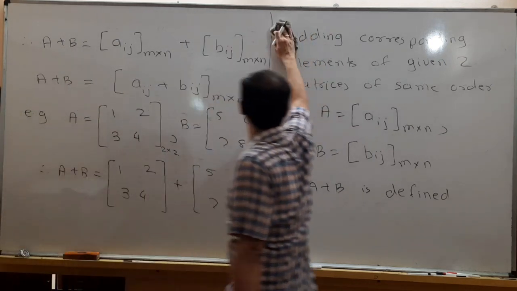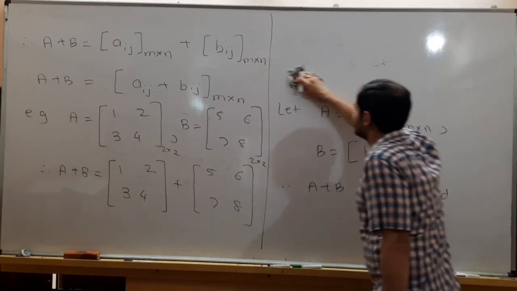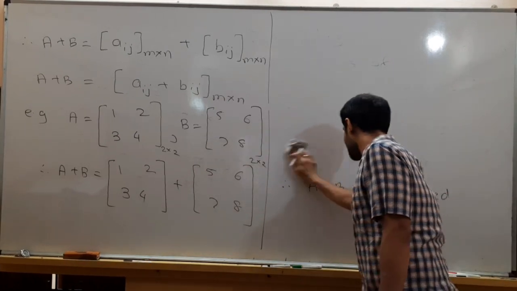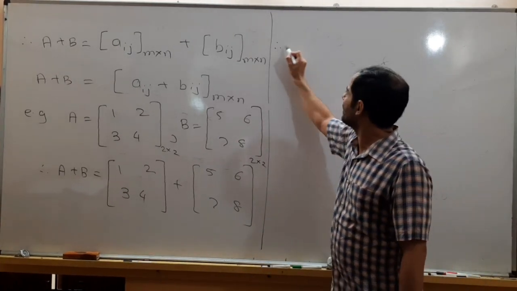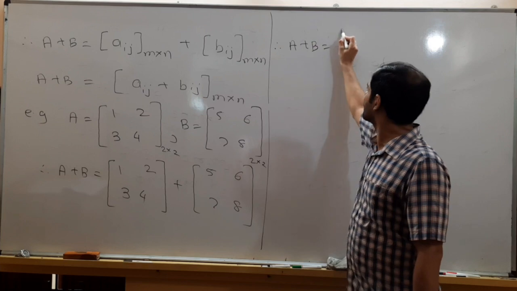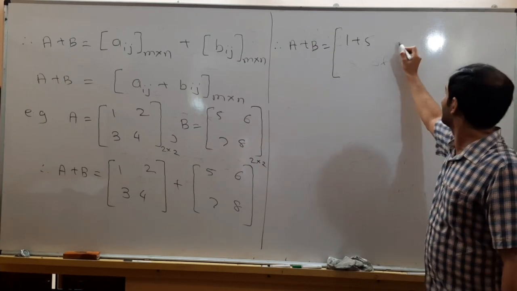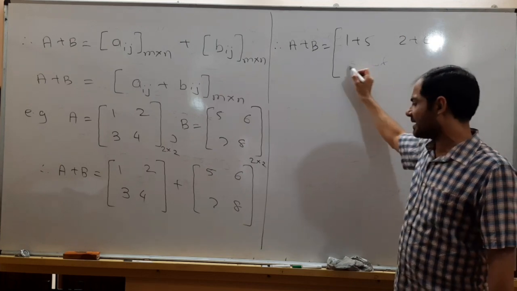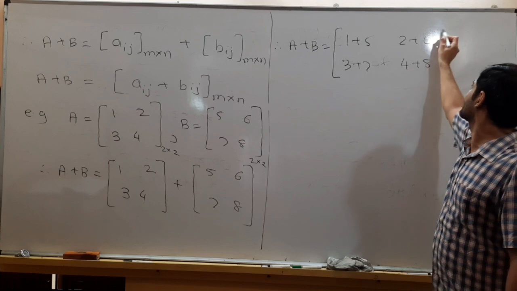And now, how can A plus B be obtained? You just have to add the corresponding elements. So I will write A plus B is equal to 1 plus 5, 2 plus 6, 3 plus 7 and 4 plus 8. Pretty simple.